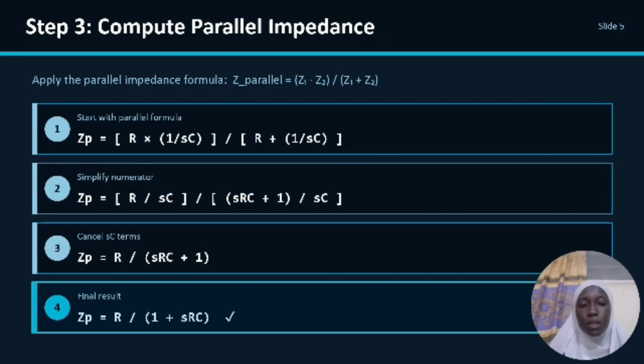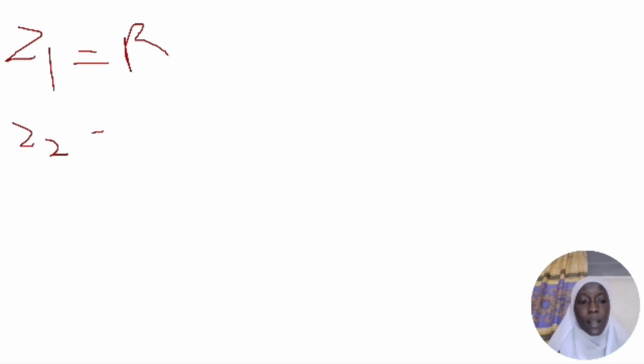I'm Isaac Toure, and I will be continuing on the expression for ZP, which is the total impedance across the parallel connection of the resistor and the capacitor. We assume the impedance across the resistor is Z1, and in the Laplace domain this is represented as R. And we assume the impedance across the capacitor is Z2, and in the Laplace domain this is represented as 1 over SC.